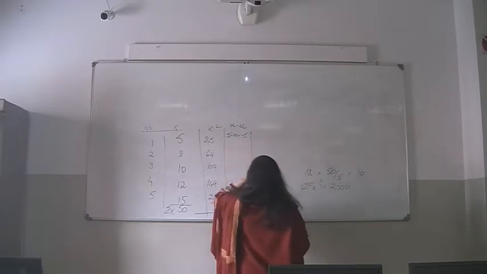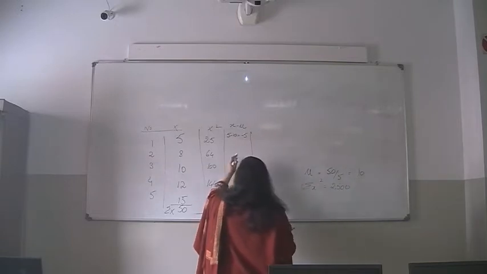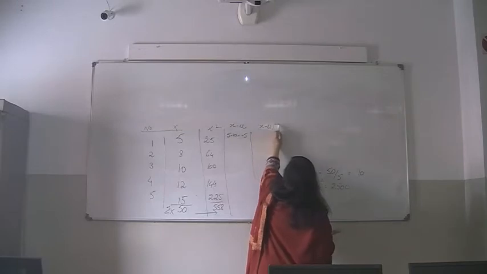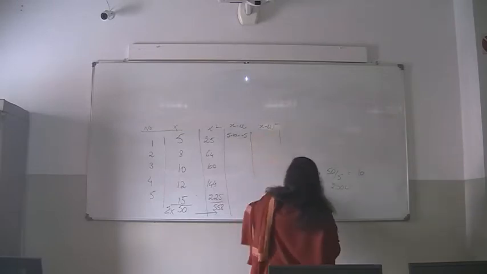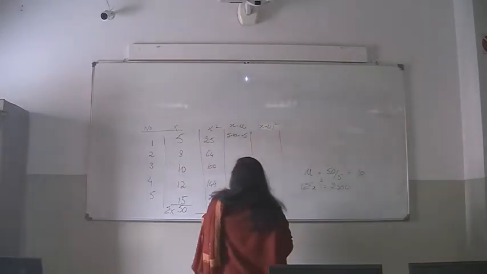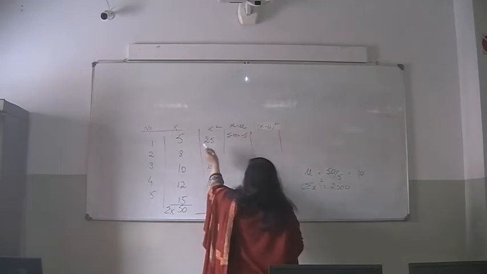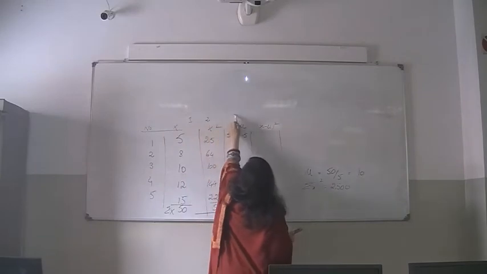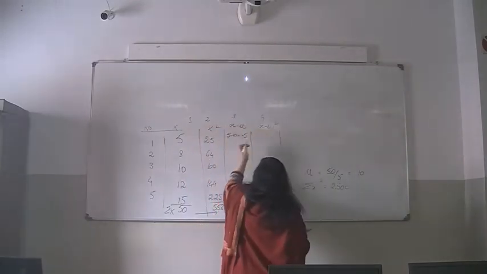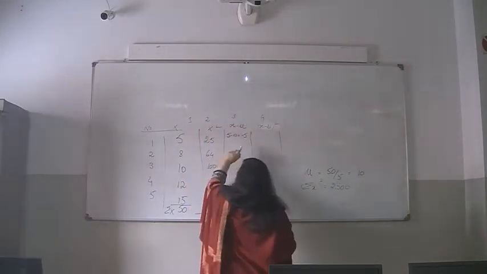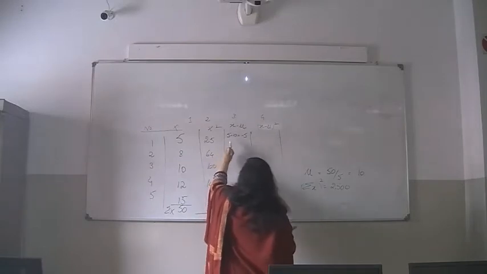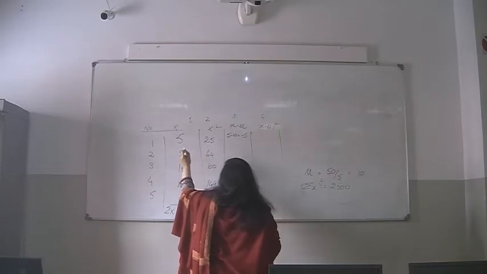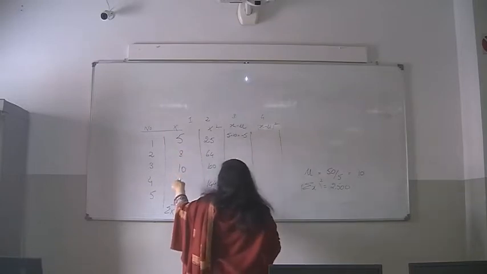Then we also have x minus mu squared. This is column 1, this is 2, this is 3, and this is 4. You can simply number your columns, and we're finding the deviation by subtracting the mean from each individual value of x.